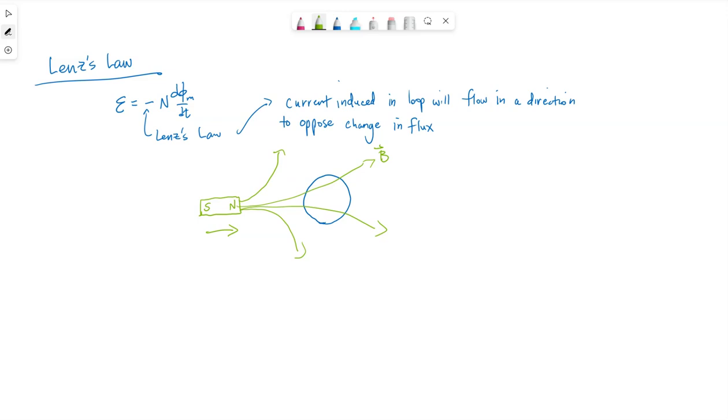Now the loop, let's say we're looking at it from the edge. So the bar magnet's coming this way. I don't know if I can draw this super well.